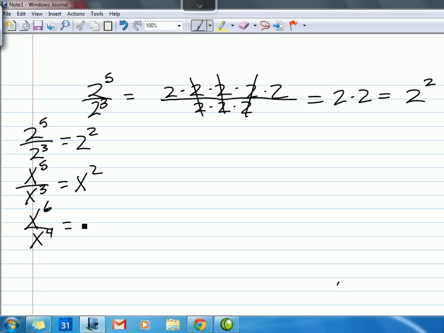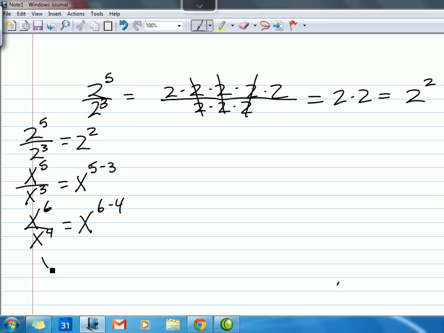Wouldn't that give me x to the 2nd? Notice what we're doing here. The quicker way to do it is using this 5 and this 3: the way I get a 2 is I just do 5 minus 3. Using the 6 and the 4, the quicker way I get a 2 is 6 minus 4.